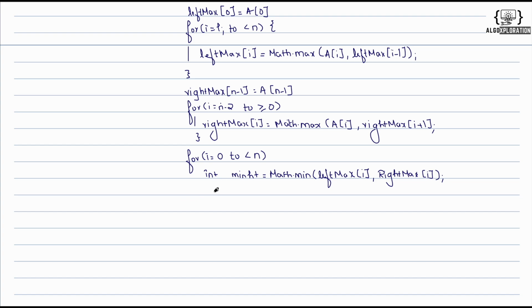After that, height. So it will be a of I. Now we have to subtract, right? So answer plus equals minimum height minus actual height. And that's it, we are done. Now simply return answer.